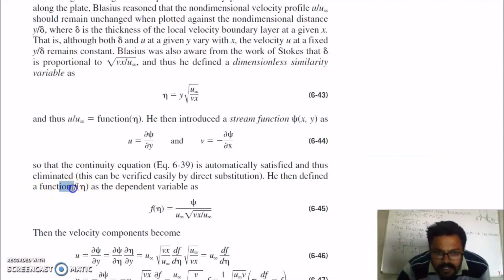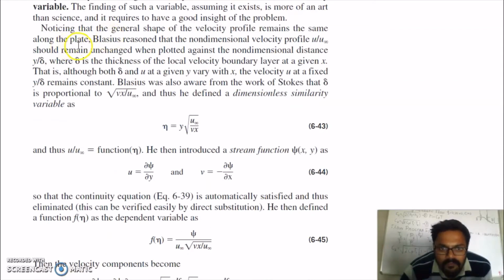Now we define a function f which depends on this stream function, u infinity and nu x by u infinity. For a flat plate, Blasius reasoned that the non-dimensional velocity profile u by u infinity should remain unchanged when plotted against the non-dimensional distance y by delta.